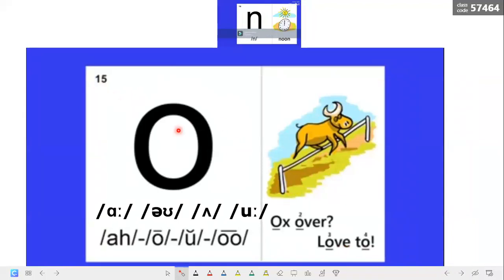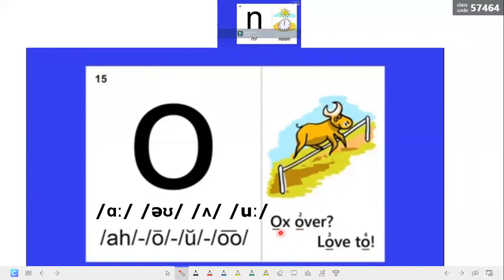Number 15, the letter O. The letter O has 4 different ways of pronunciation. It could be ah, oh, uh, oo. Again, ah, oh, uh, oo. And the key sentence here is ox over love to.